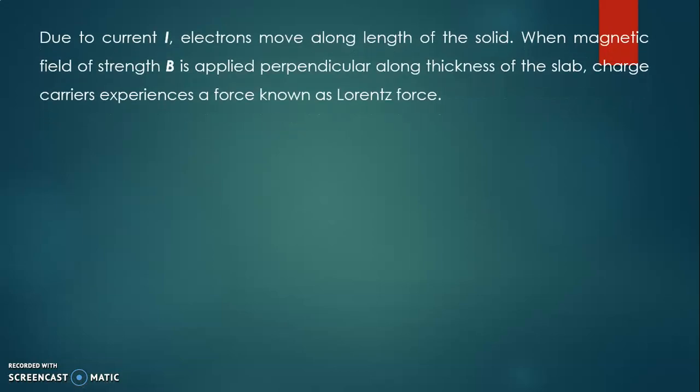Now, due to current I, electrons move along the length of the solid. When a magnetic field B is applied perpendicular to the thickness of the slab, charge carriers experience a force, that is the Lorentz force. So we write the equation of Lorentz force due to the magnetic field.